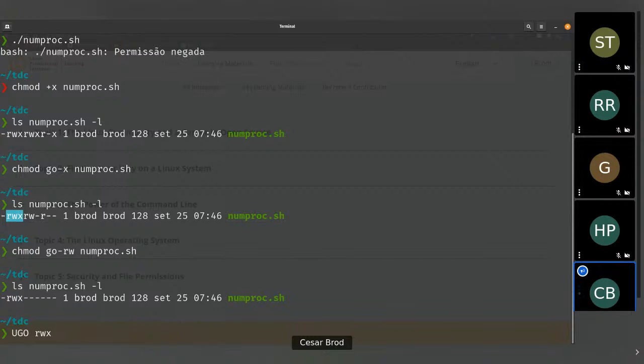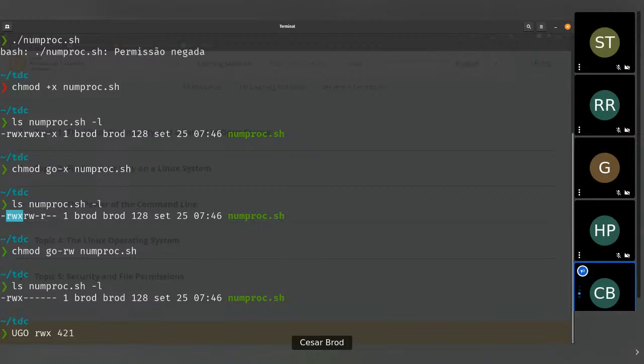For the first position, x, think of 2 to the power of 0, which is 1. For write, it's 2 to the power of 1, which is 2. And for read, it is 2 to the power of 2, which is 4. So it's 4, 2, 1.